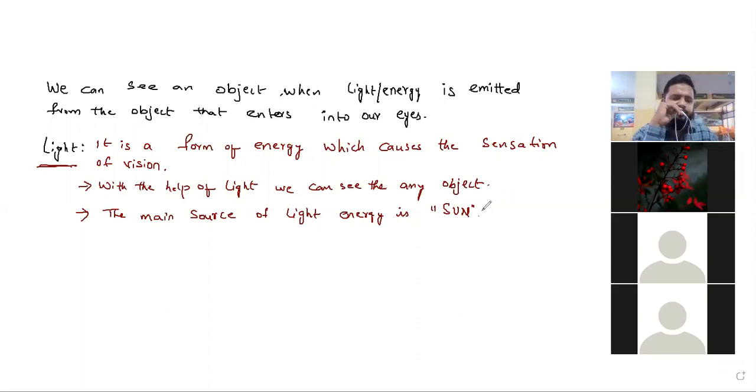Is light energy any material like an electron, proton, or neutron? Or is it a particle or a wave? What will you say? I'm writing the question here, you give me the answer.